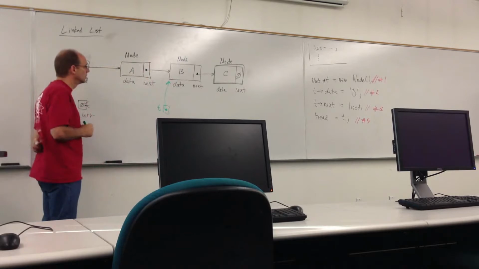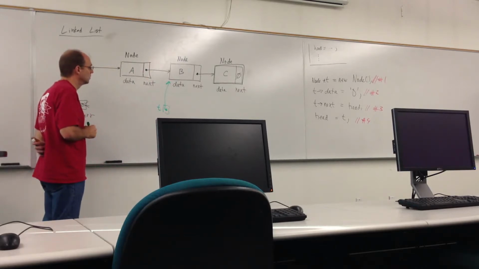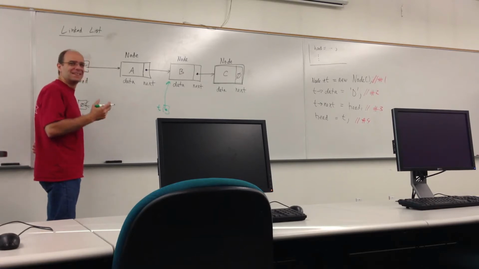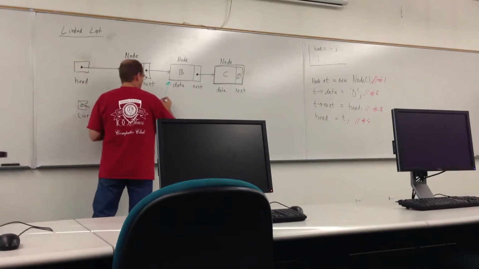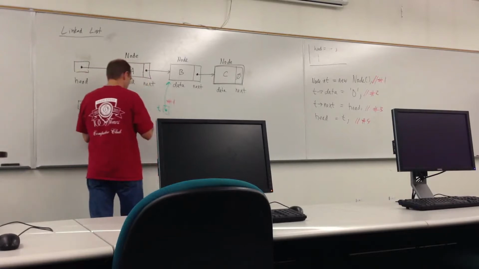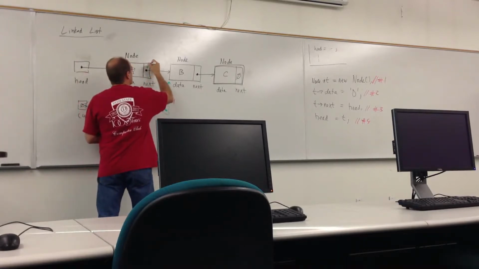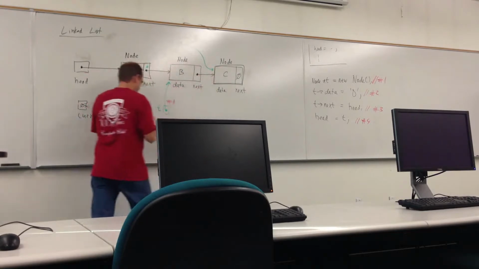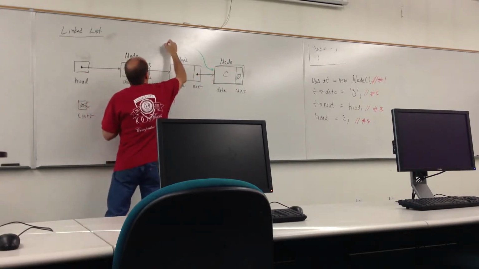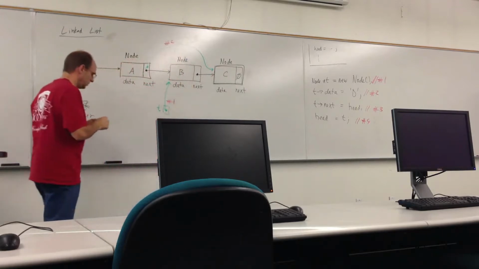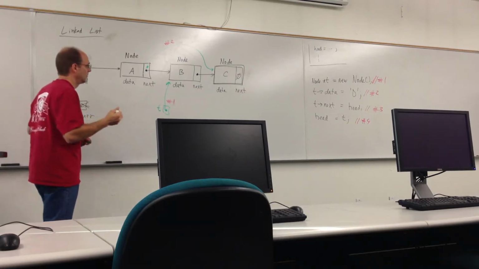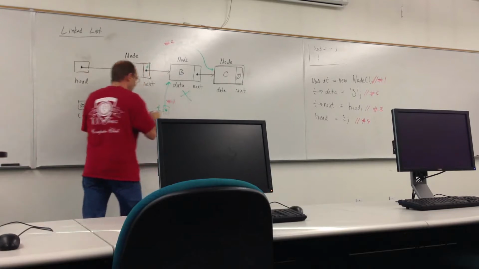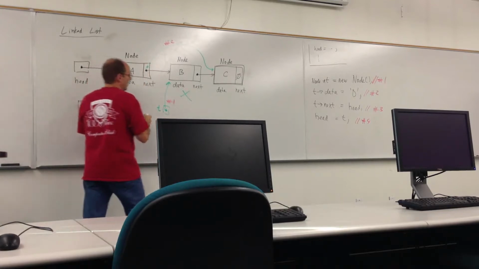And then you'd have to save B's next to A's next, like that. And then you'd have to delete B. And I'm going to write that right here because I don't want to destroy my wonderful drawing.